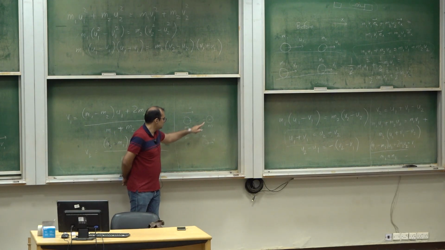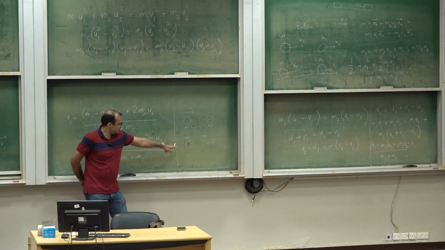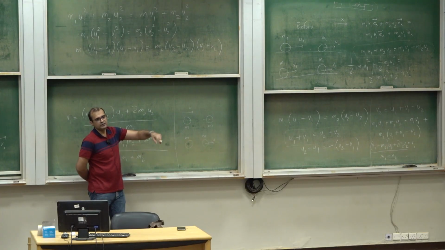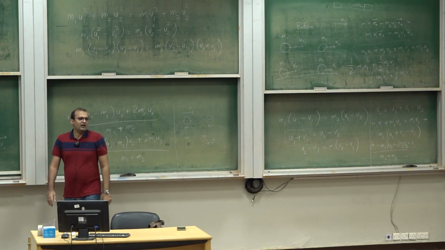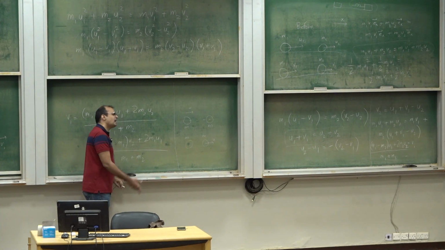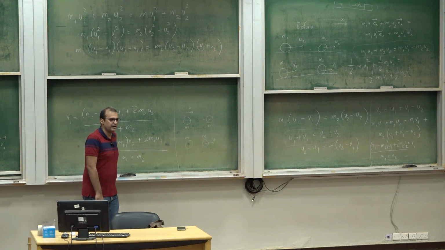But then you can tidy this up further because you can factor out M1 minus M2 from here. So you get M1 minus M2, the magic of this thing, U1 plus, well, not so magical after all, but you get 2 M2 U2 minus 2 M2 U2 coming over here.